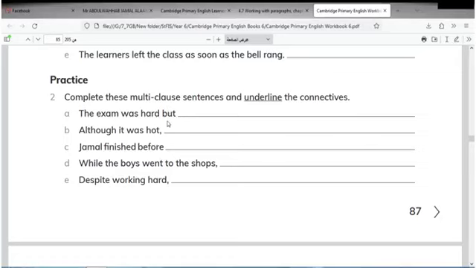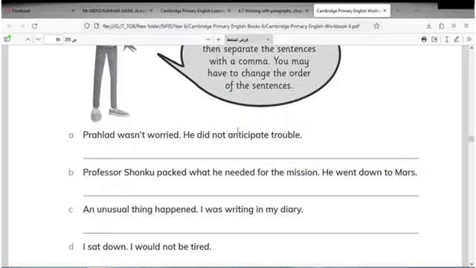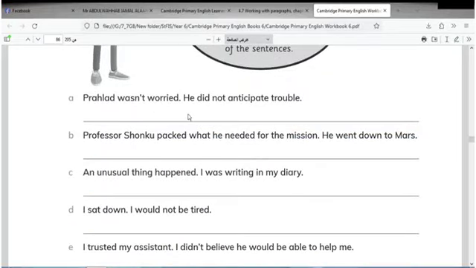And of course, you have to underline the connectives. Then you have a word bank or group of connectives, and we have to fill in the gap, or use the best one to link two sentences with each other.